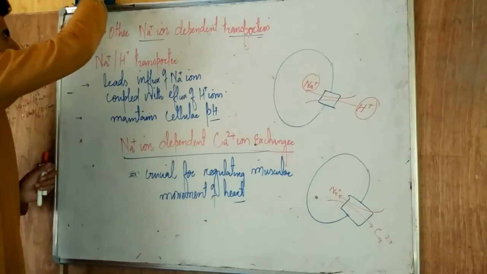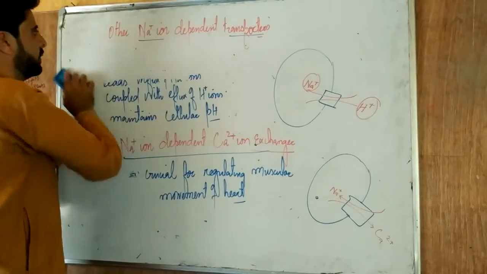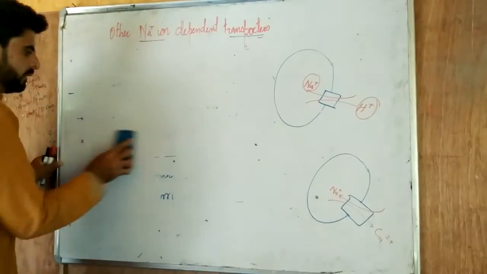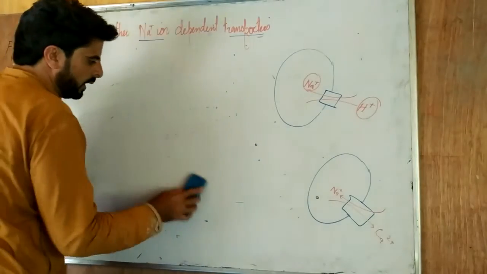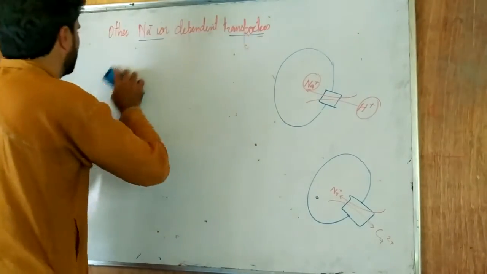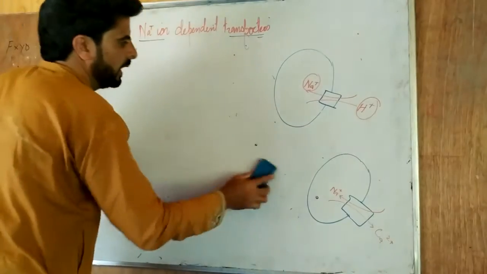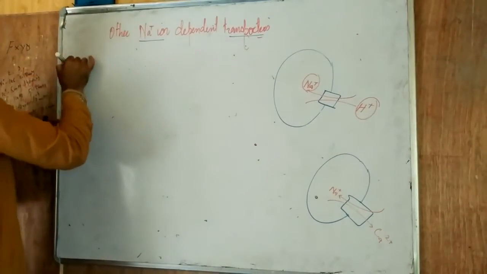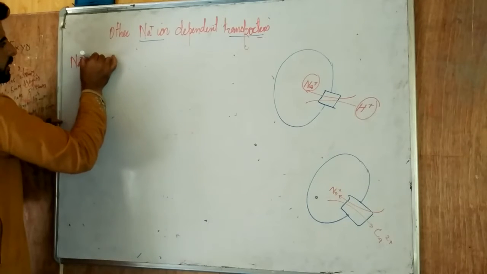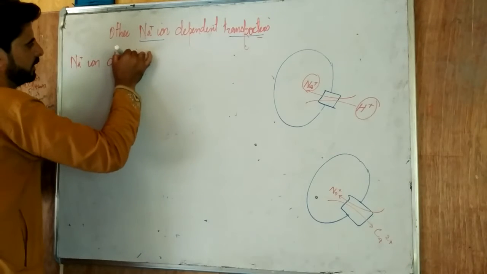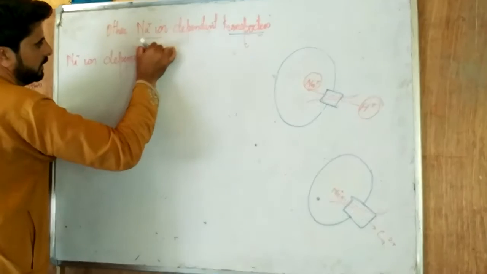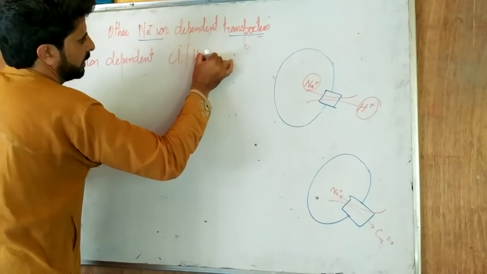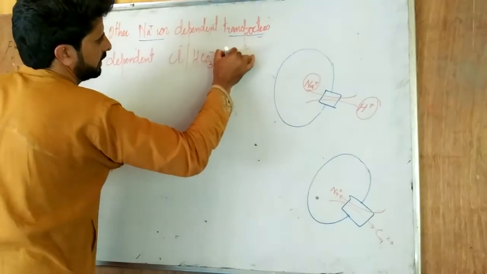The third one we are discussing is the sodium ion dependent chloride ion or bicarbonate ion exchanger.